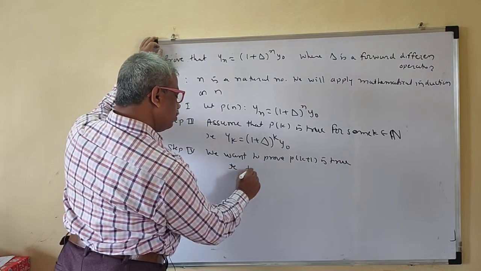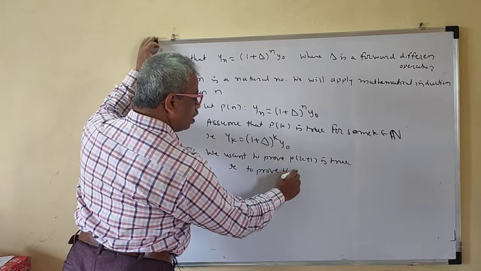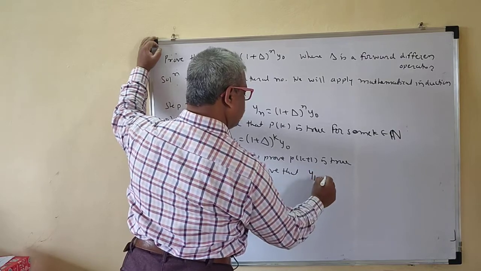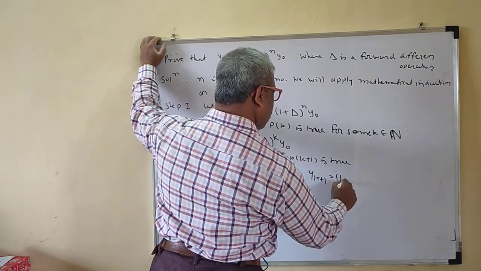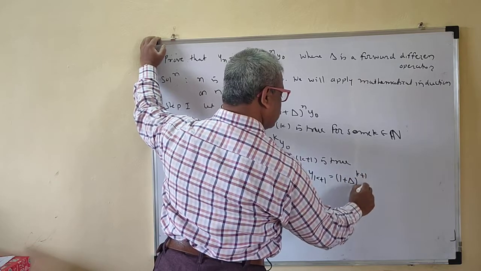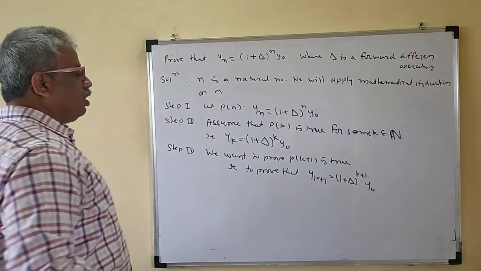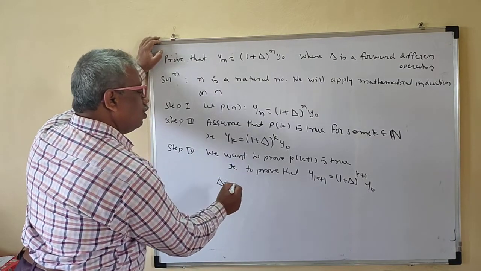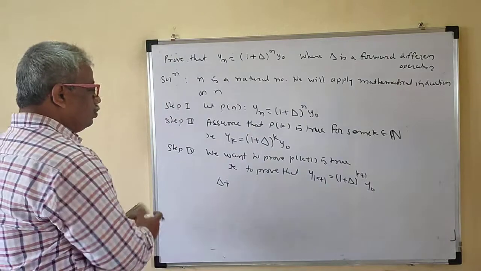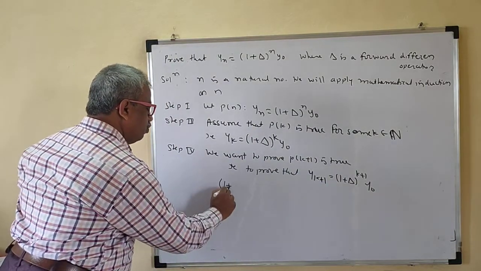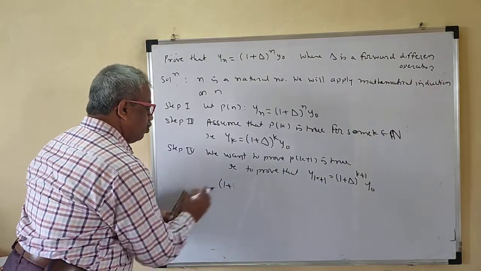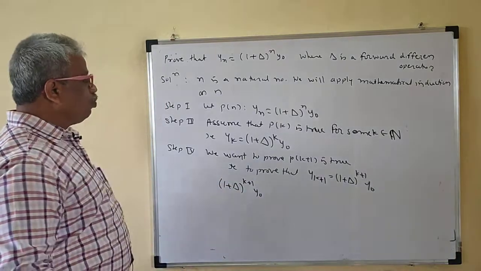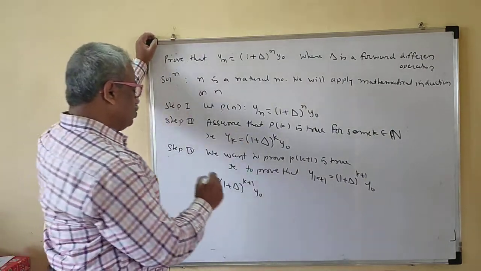That is to prove that yk plus 1 is equal to 1 plus delta to the power k plus 1 y naught. We will start from this and we will prove this is yk plus 1.